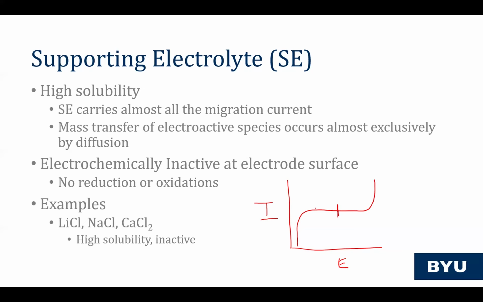I'll want to make sure that my supporting electrolyte is either not reacting too close to the boundary of our electrochemical window, or it's outside of our electrochemical window, ideally. So these can be chlorides and water or nitrates, all sorts of salts are great. And typically the alkaline or alkaline earth salts are quite useful at being supporting electrolytes.